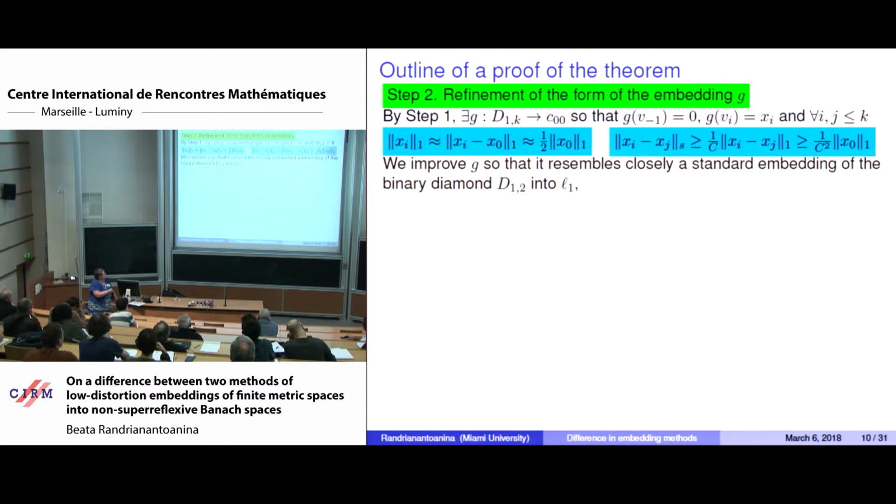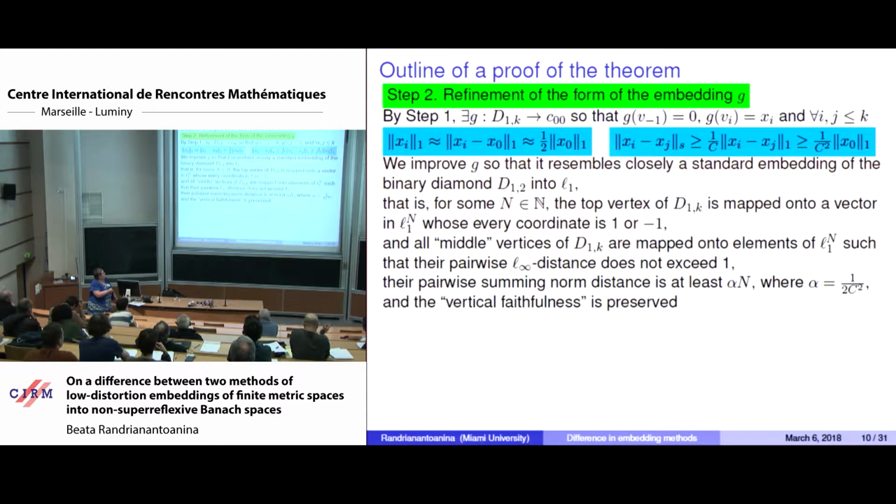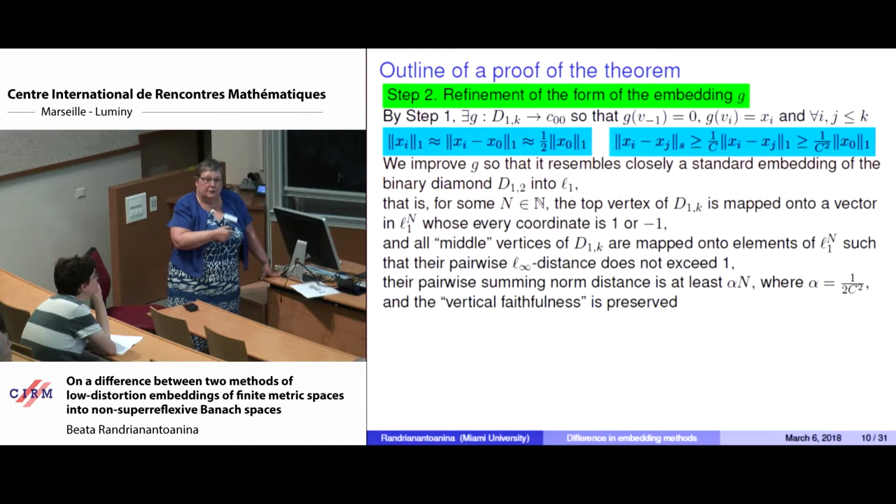And we want to improve this embedding further in such a way that the top vertex is mapped to a vector whose every coordinate is either 1 or -1. In the embedding of Johnson and Schechtman, the top vertex went onto a vector which contained just ones. So here we are a little bit more liberal with it. We allow ±1s, but not anything else. This is possible to achieve.